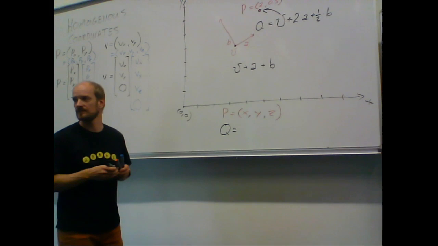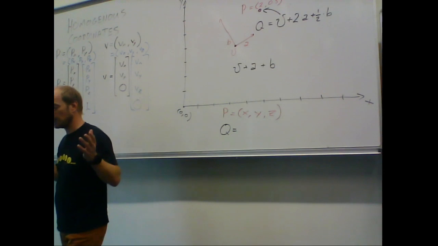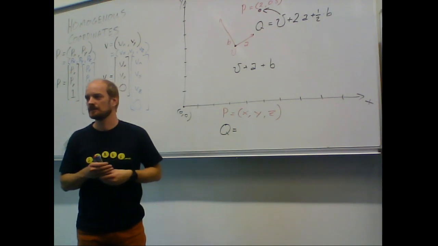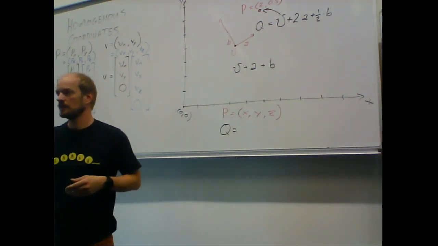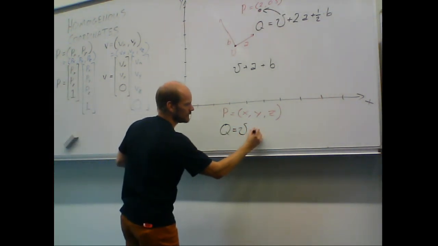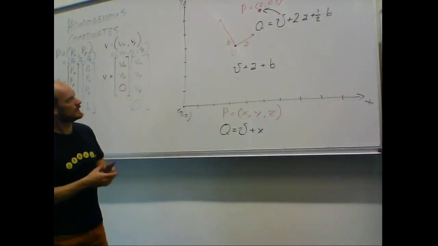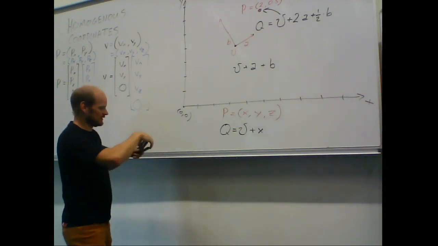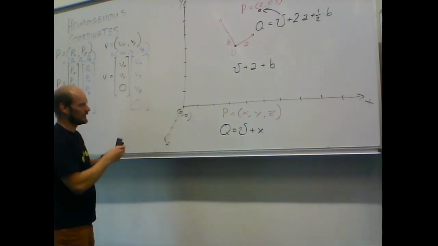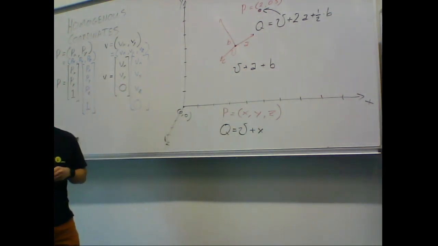Are you assuming they are unit vectors, A and B? No, I'm not assuming anything about A and B, in fact. I'm just assuming they're vectors. We'll have the origin plus x times, oh, are we working in 3 dimensions? Yeah, okay. In 3 dimensions, let's just add the z-axis here, and let's add to this the vector c being our 3rd dimension.